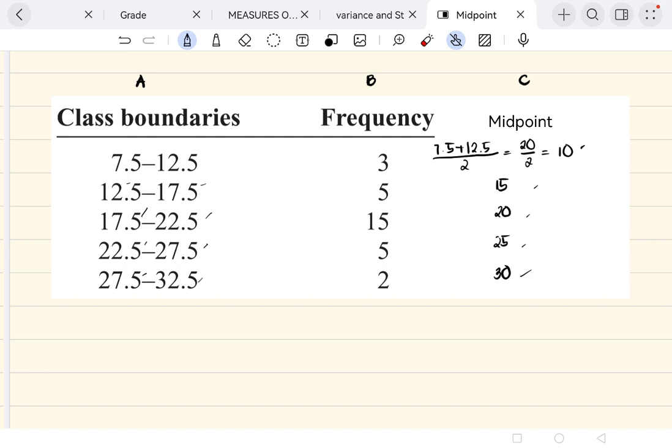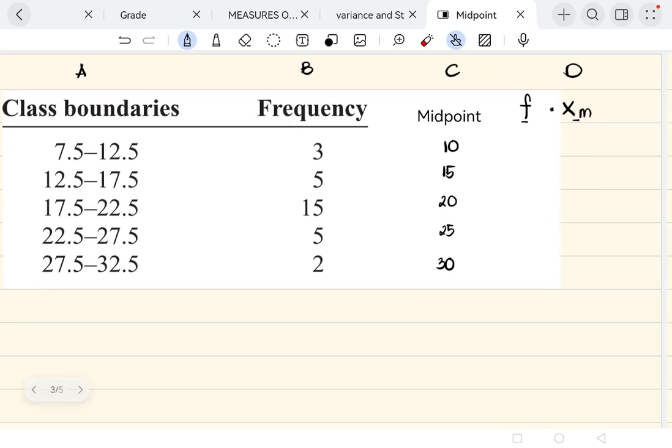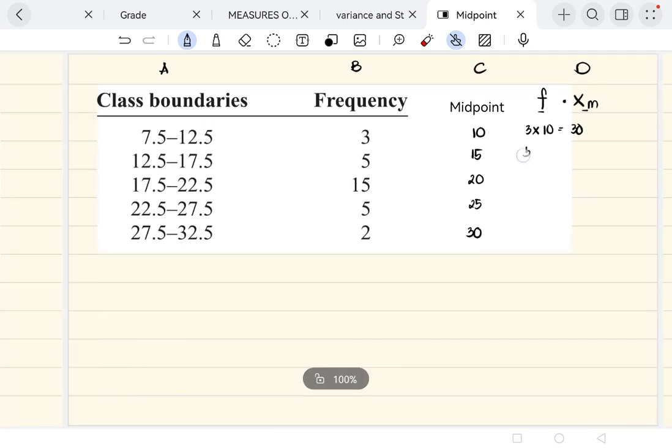So next, let us proceed to our next step, which is our column D, the frequency times the midpoint. So that is 3 times 10, that is 30. So next we have 5 times 15, so that is 75.